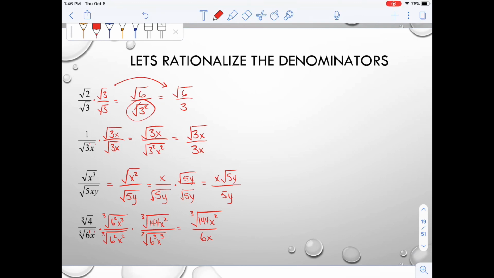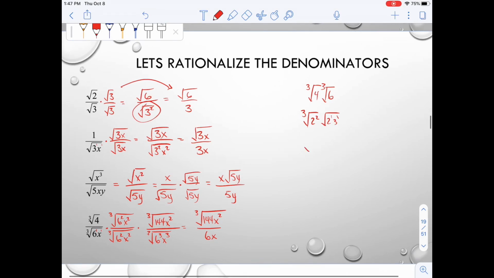Now, had I actually left it in the other form, and maybe I should have, in the prime factorization, let me call off to the side here, we had the cube root of 4 times the cube root of 6. If I write both in prime factorization, I have a cube root of 2 squared for the 4 and a cube root of 2 to the first, 3 to the first for the 6.